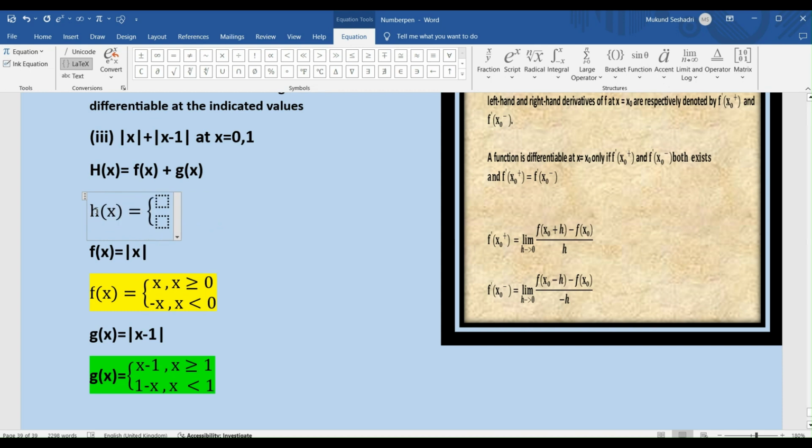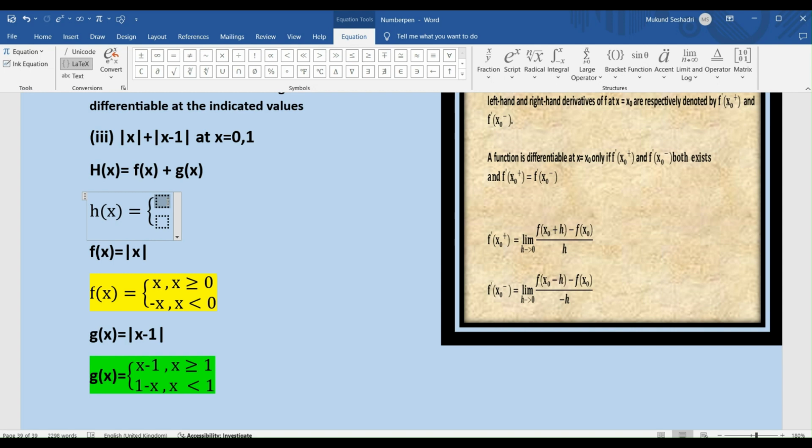My h of x is equal to f plus g, and let's define it for x greater than or equal to 0, right?